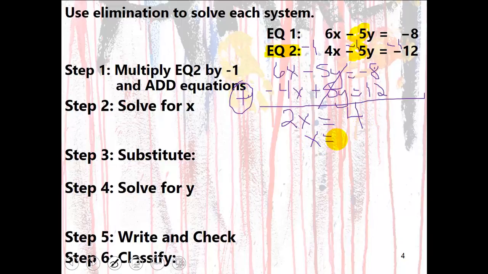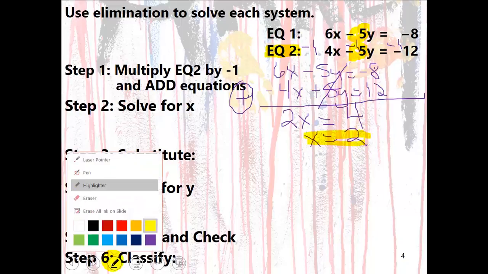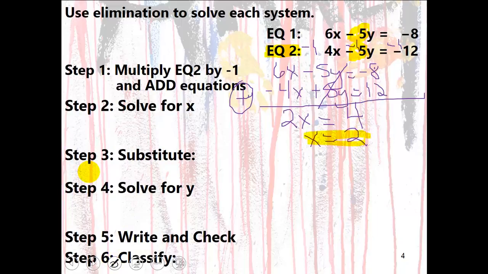So x equals 2. Now I'm going to take x equals 2 and substitute it into one of my equations. I'm just going to pick the first one. Doesn't matter. So I'm going to go 6 times 2 minus 5 times y equals negative 8.